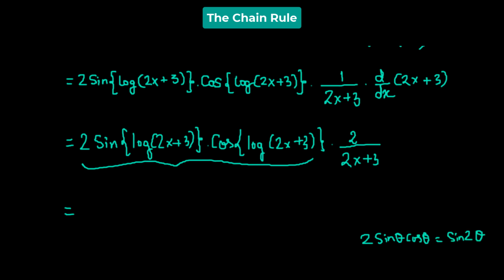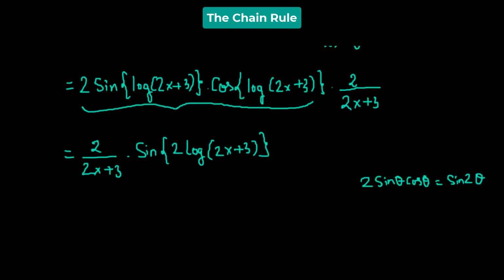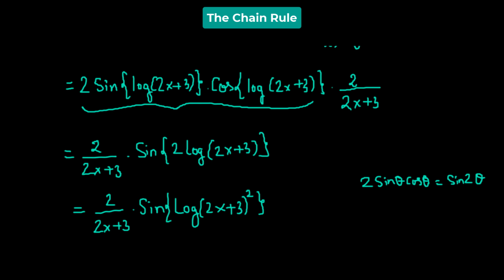So we can combine it and rewrite it as 2 over 2x plus 3 multiplied to sine of 2 times log of 2x plus 3. Well, we can rewrite it as 2 over 2x plus 3 multiplied to sine log of 2x plus 3, whole squared. So this is the derivative of the given function with respect to x.